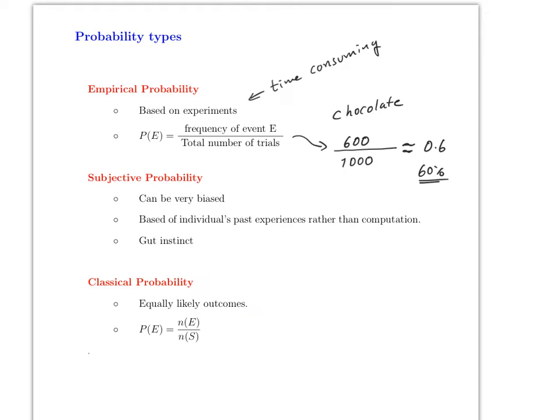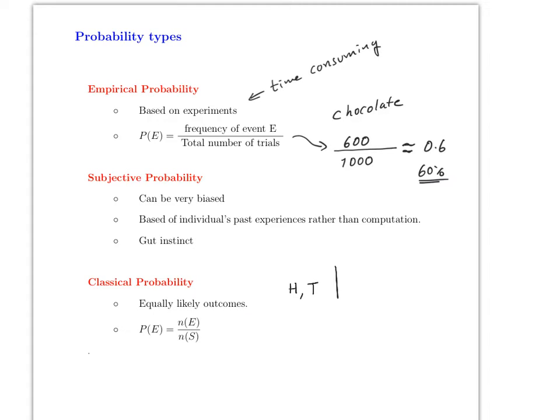The kind of probability we're going to focus on most of the semester is classical probability. Classical probability assumes that you have equally likely outcomes. That means that if you flip a coin, the probability of getting heads should be the same as getting tails.